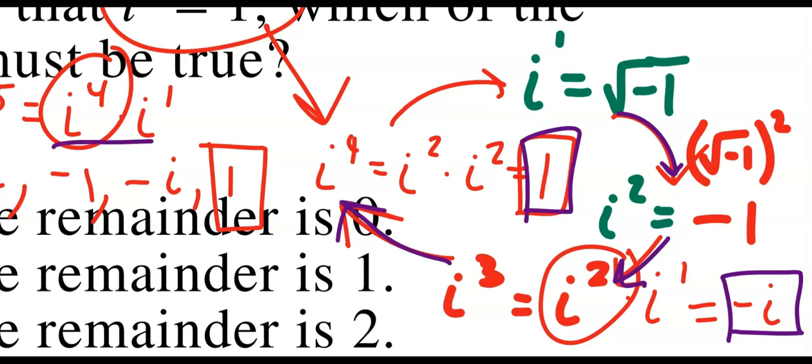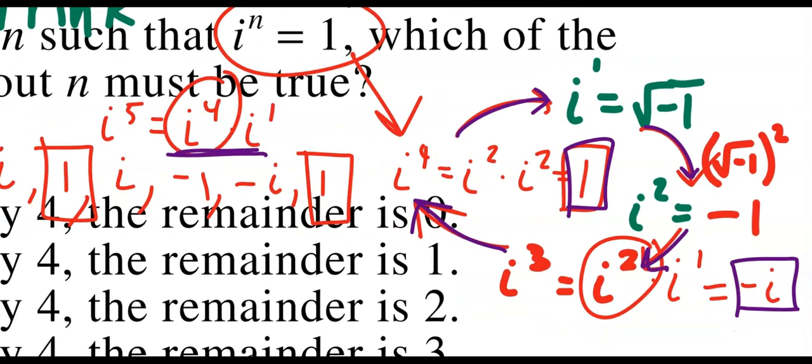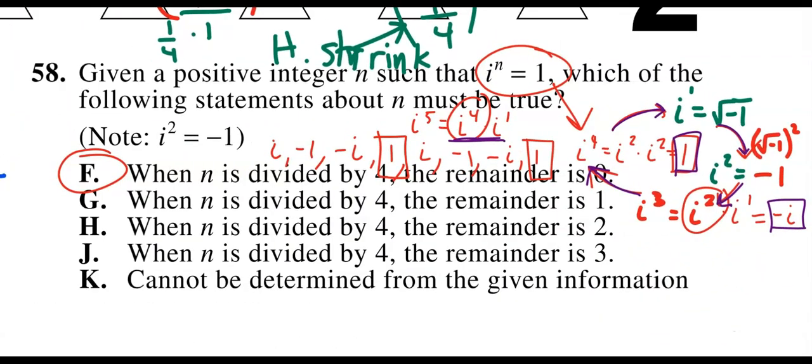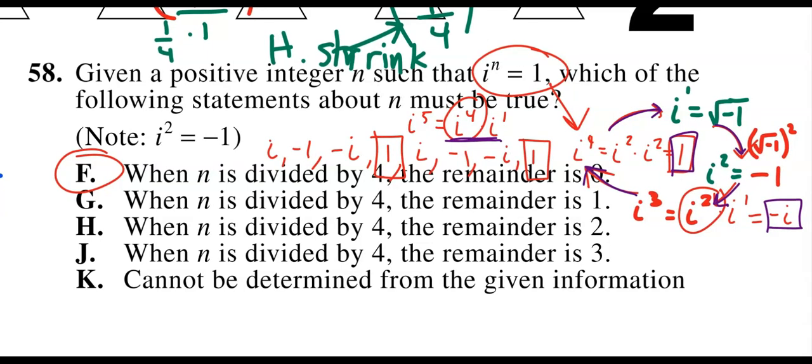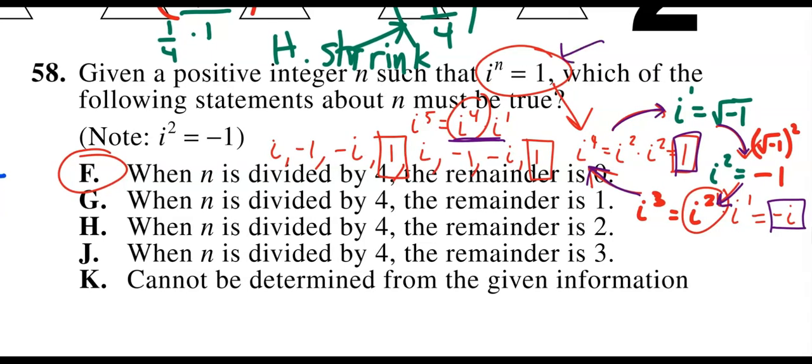And then when you do i to the fifth over here, you'll see that it returns back to the top of the circle. And it just keeps going around and around. And so the answer to this had to be the first one because n has to be a multiple of 4.